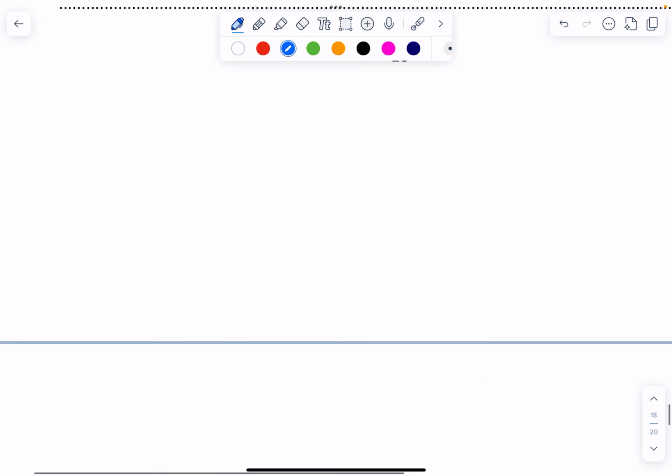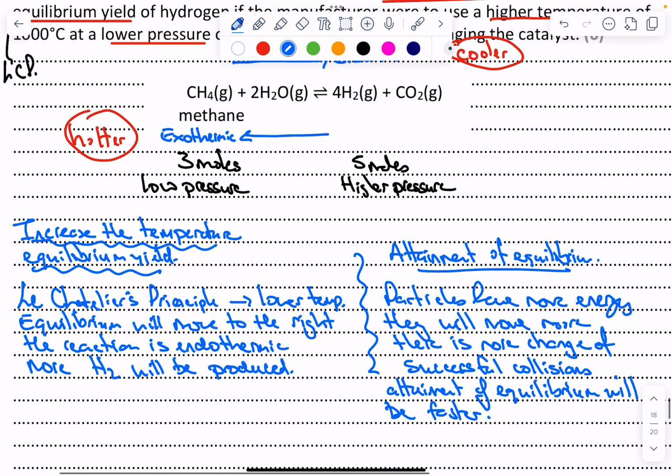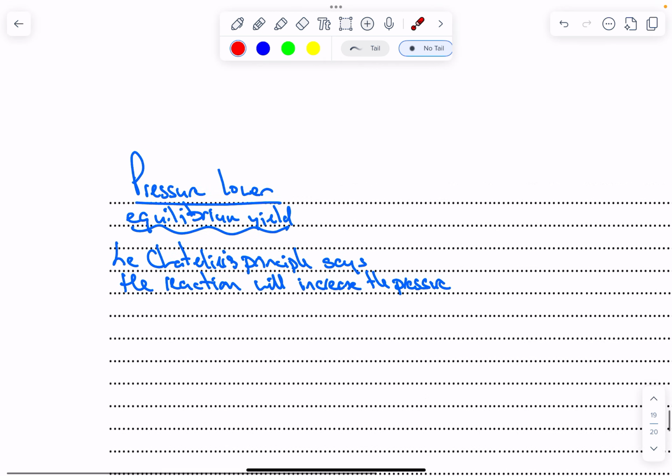Let's go back up to our equation. To increase the pressure, the reaction is going to try and move to the right, because this side has the high pressure, because there are more moles on this side.